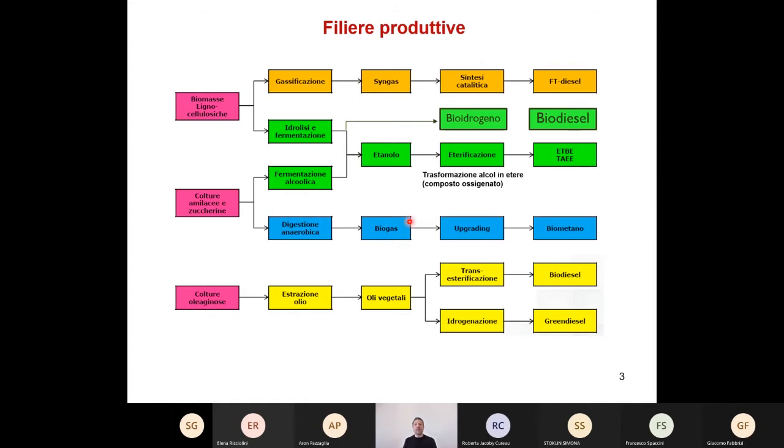What's the difference? We just introduced this very important topic, but first generation biofuels are biofuels obtained from some kind of biomass that are in competition with food or feed agriculture.